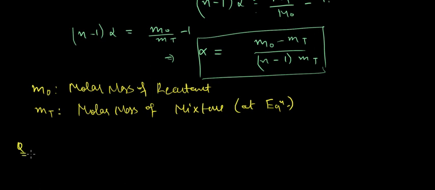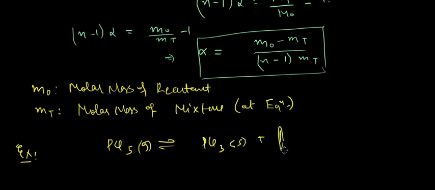Okay, so next let's see one more example. Suppose we have a reaction in which PCl5 gets disintegrated into PCl3, which is solid, and Cl2, which is gaseous.